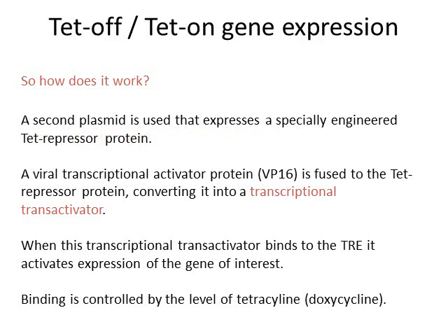This TET repressor protein is a protein that binds to that TRE element. Now normally when the TET repressor protein binds to the TRE element in E. coli, it will repress gene expression. Obviously that's where the name comes from. However, in this instance, this TET repressor protein has been changed so that it's associated with several copies of this viral transcriptional activator protein VP16.